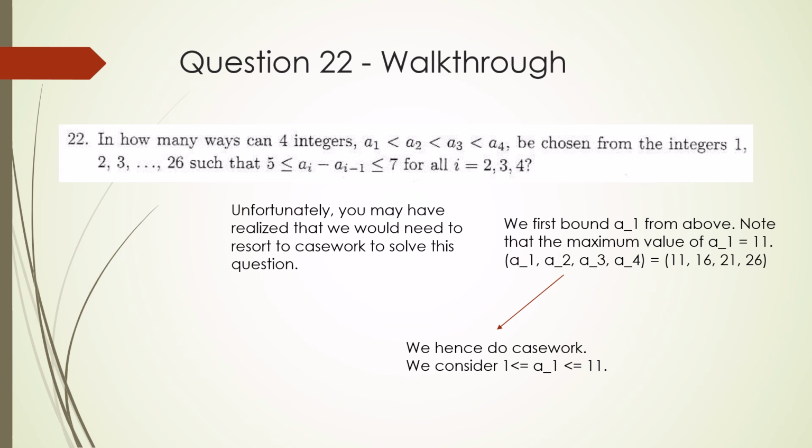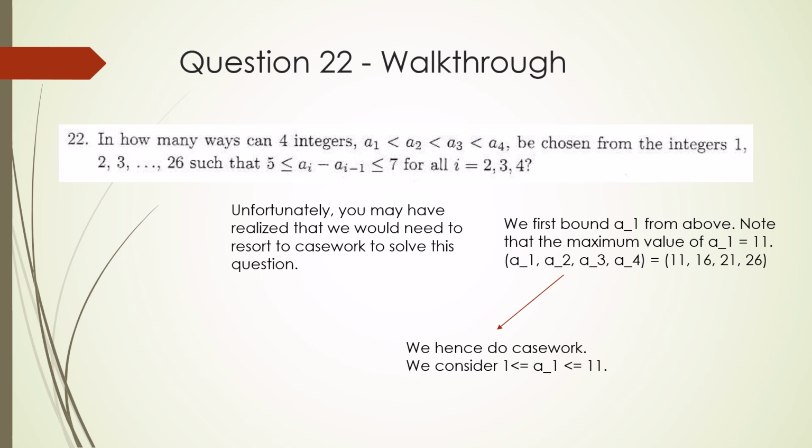When a1 is 11, a2 is going to be 16, a3 is going to be 21, and a4 is going to be 26, right? Any value of a1 greater than 11 is not possible. Why is it not possible? Because you can't satisfy the constraints and choose 4 integers at the same time, right? So the maximum value of a1 is 11.